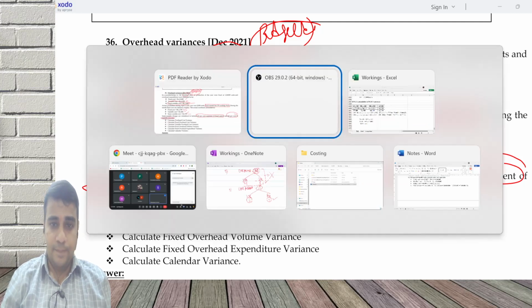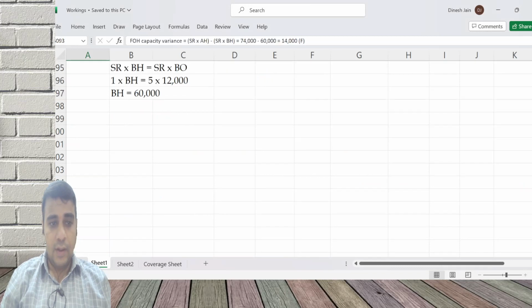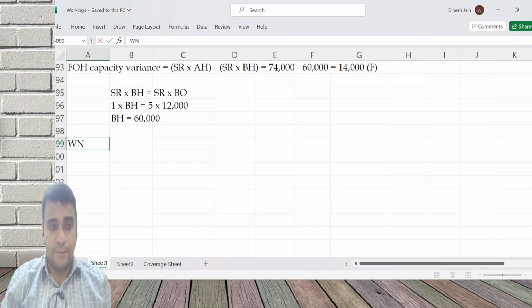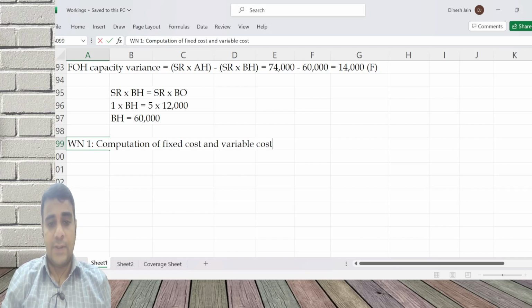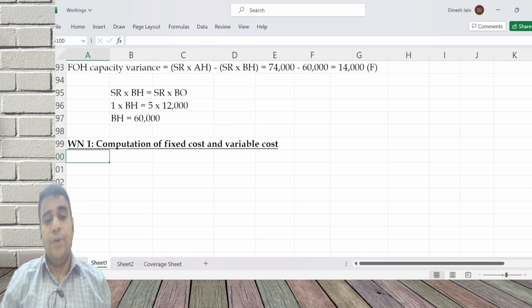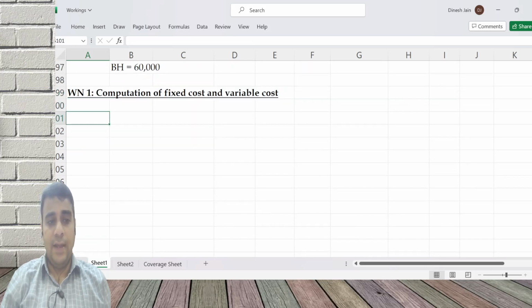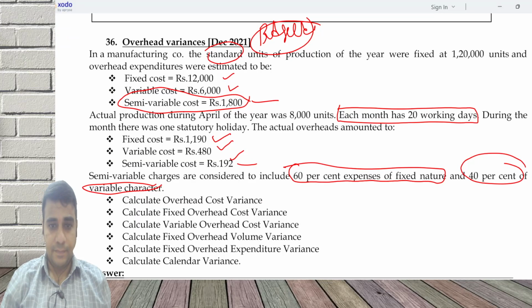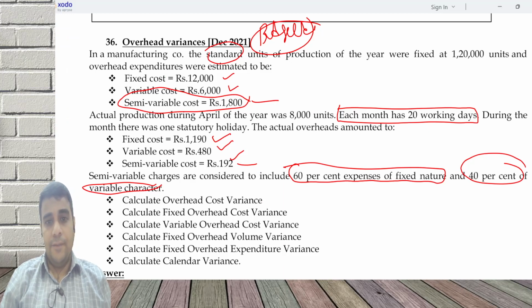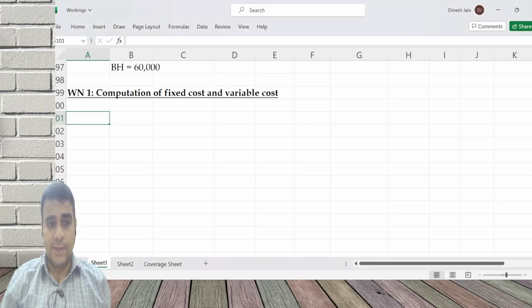Working note 1, computation of fixed cost and variable cost.